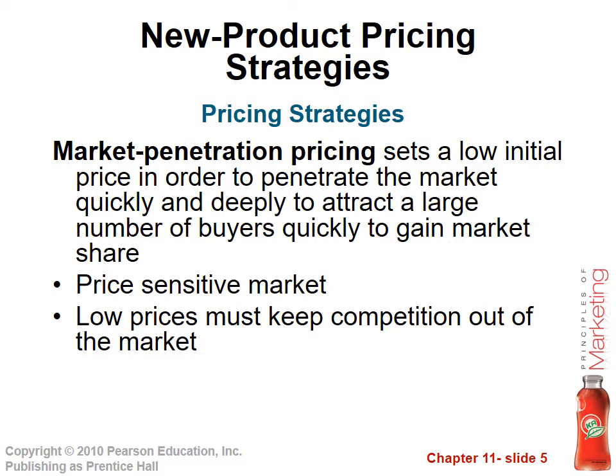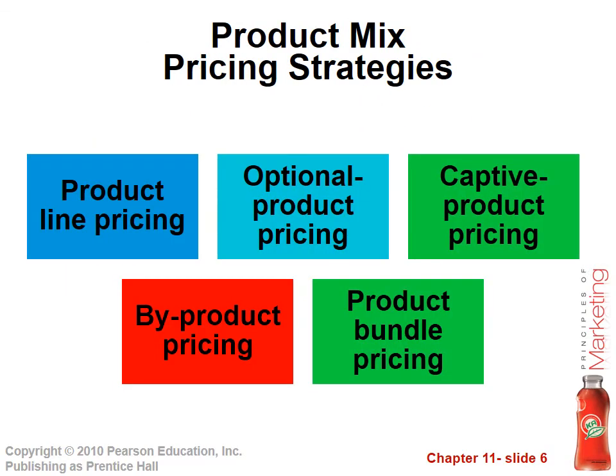And finally Pulpy Orange was no longer the leader. But after several years, once a lot of customers were aware of Floridina and had finally tried their product, they increased the price. So actually this was only to let people be aware of their existence in the market. So it's a part of promotion.